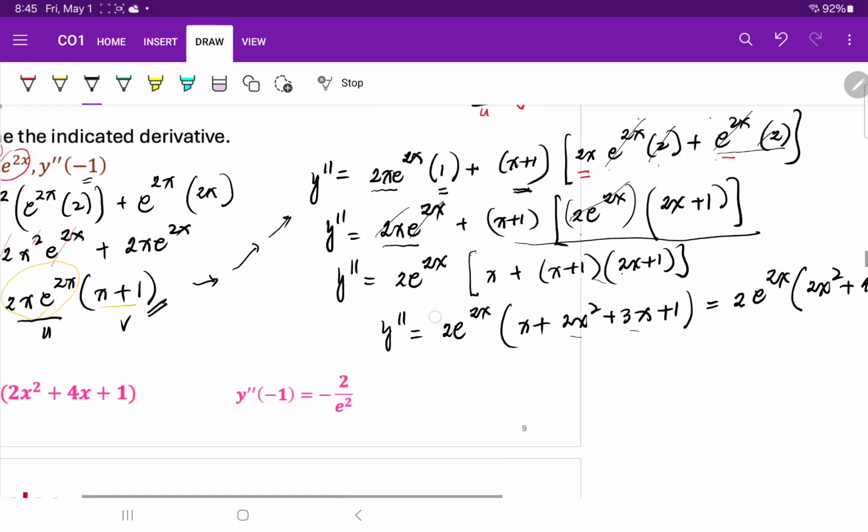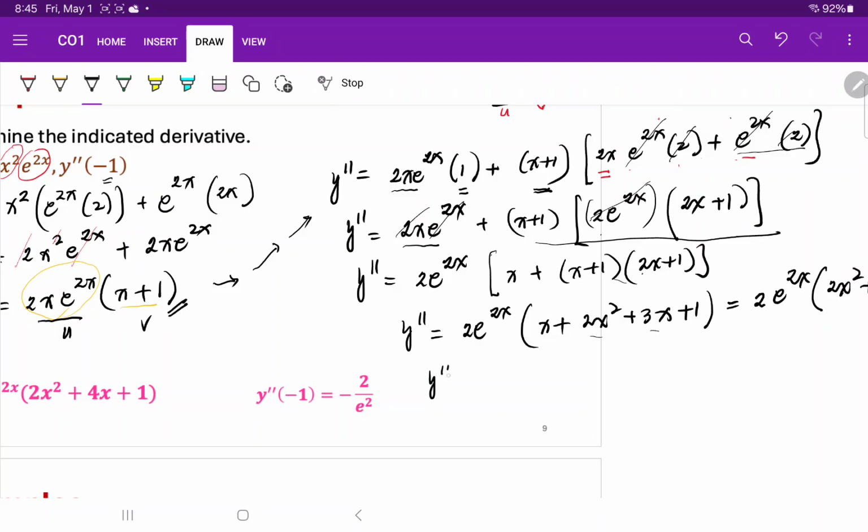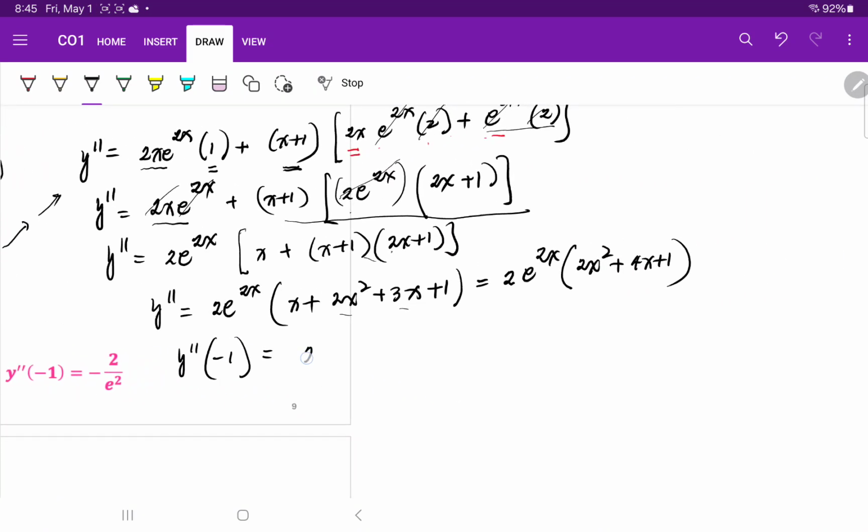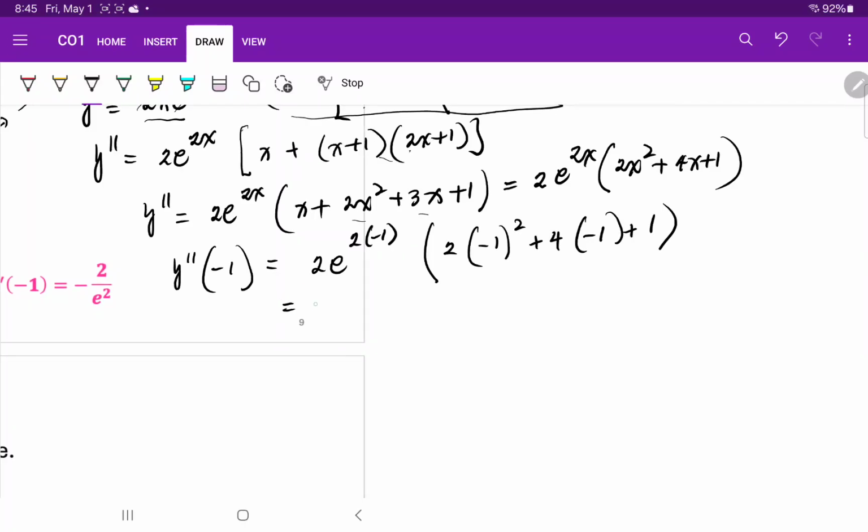But what is asked is y double prime of negative 1. So this gives you 2 e to the 2 times negative 1 times 2 times negative 1 squared plus 4 times negative 1 plus 1. And so if you simplify, this is 2 e to the negative 2 times 2, because this becomes positive, minus 4 plus 1.